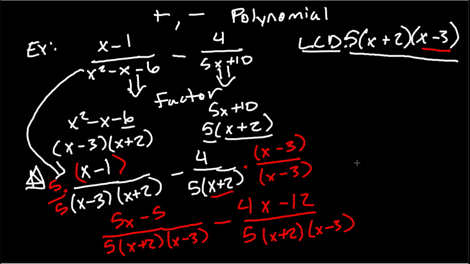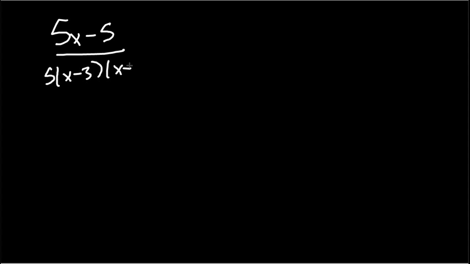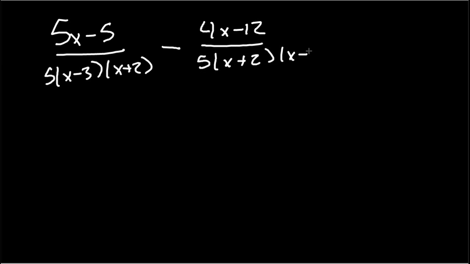Okay, so I'm going to clear this away and make room so we can simplify that a little bit. So let's rewrite our previous step. We had 5x minus 5 over our LCD, which was 5 times x minus 3 times x plus 2. And then we were subtracting. We had 4x minus 12 over our LCD again, which is 5 times x plus 2 and x minus 3.